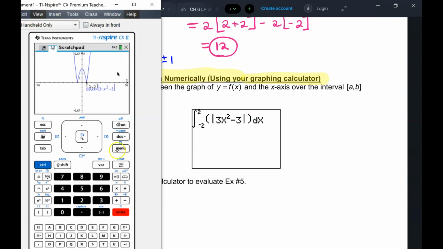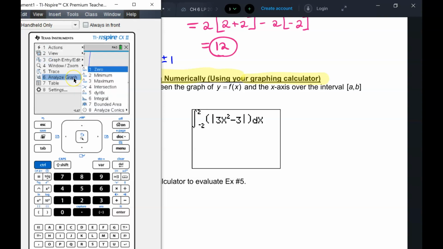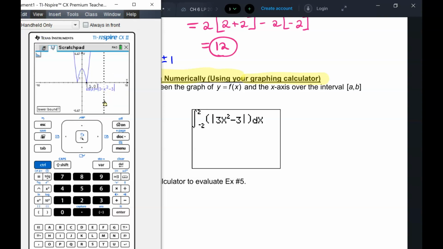And then you could go to menu. You could do analyze graph. You could do the integral. And we want from -2 to 2. Where do? Oh, it's hidden. Oh, it's gray. Oh, I see it. It's right here. It pops up there. Can we just do it without graphing? Yes, I was just showing you 2 different ways.